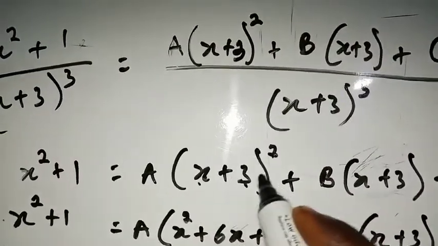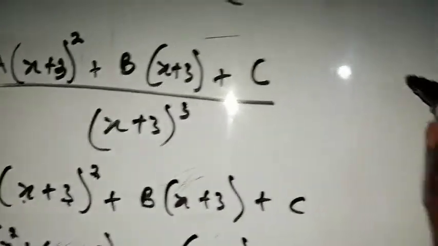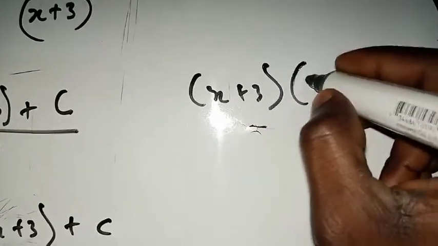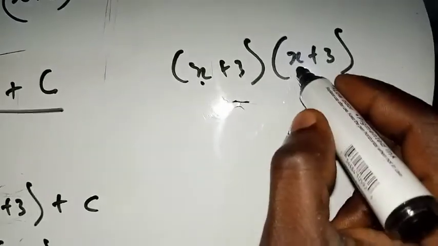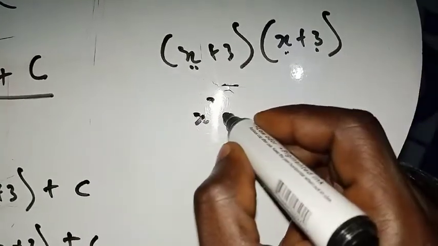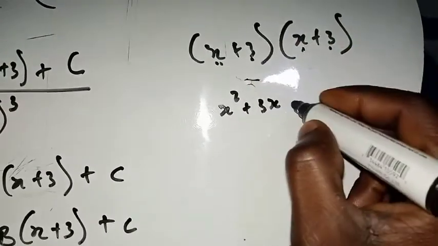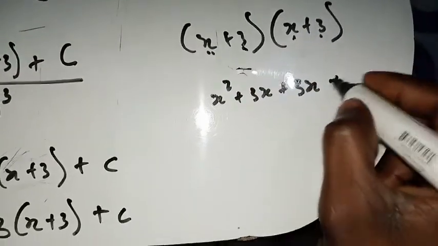If you don't know how to do that short form here, I would advise you to expand this thing into 2, right? That is what the s plus 3, and then multiply by what? S plus 3, right? You arrive at the same answer, right? Okay, so multiply this one by this, and then that was the x squared. This multiplied by this will give me positive 3s, and then this multiplied by this will give me positive 3s, and then finally this one multiplied by this will give me 9.